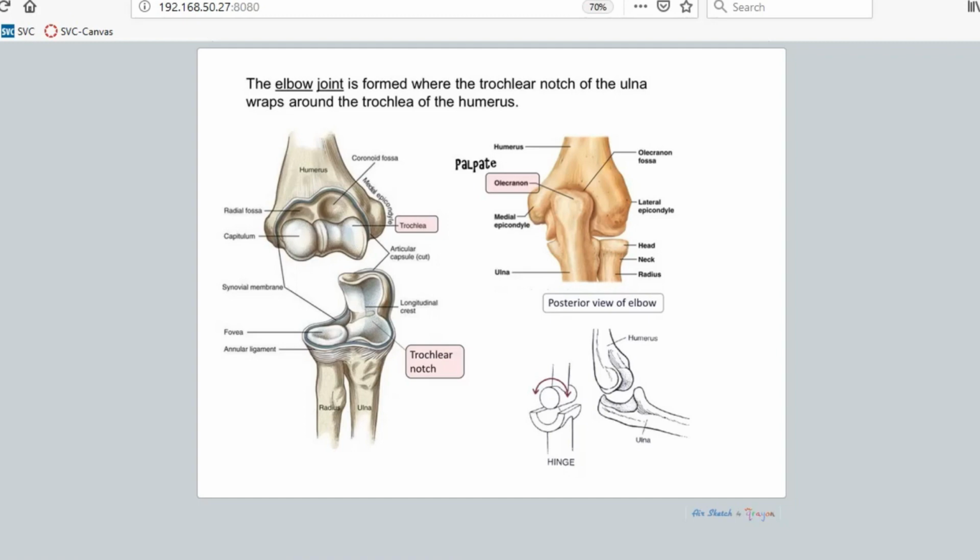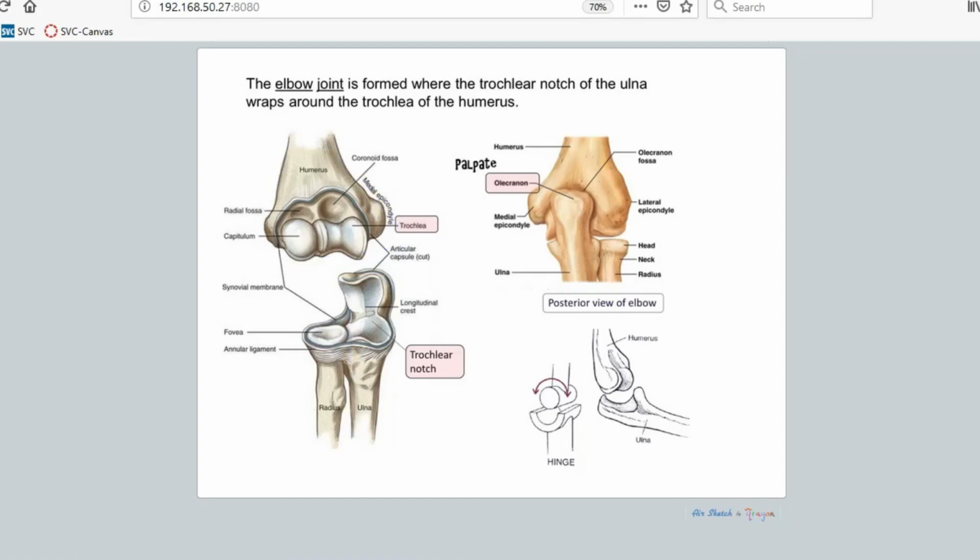And the elbow joint is formed from the distal end of the humerus, and the forearm bone that actually forms the proper elbow joint is the ulna. Okay, the radius is going to form a joint with it, but it's not what we call the elbow joint that's associated with elbow movements and whatnot.